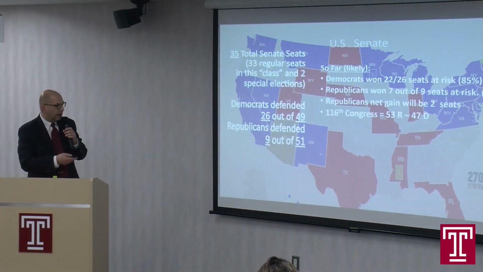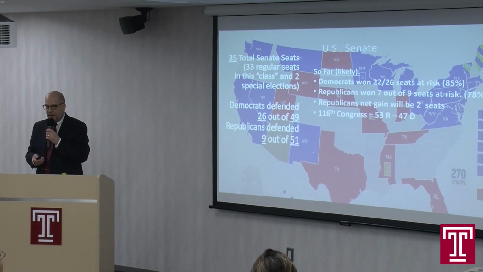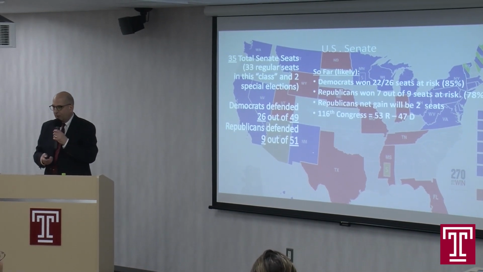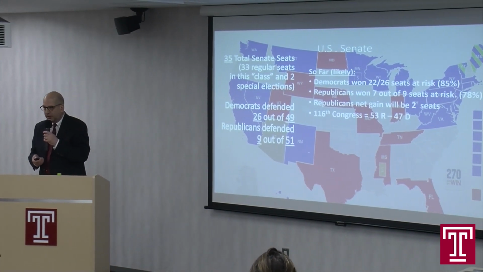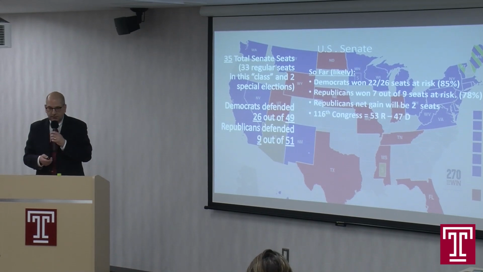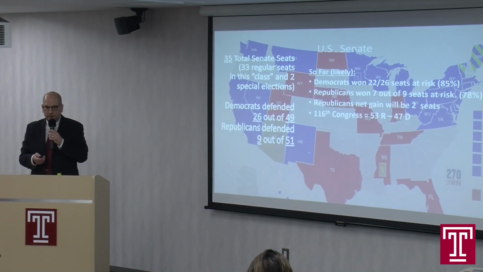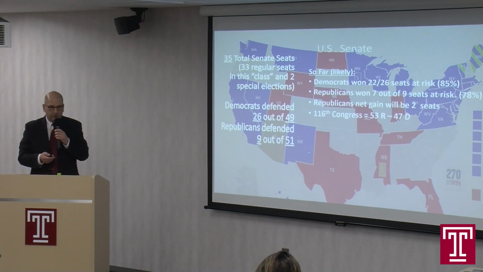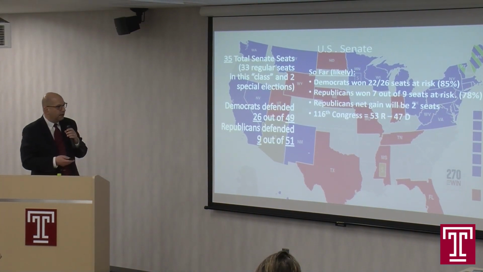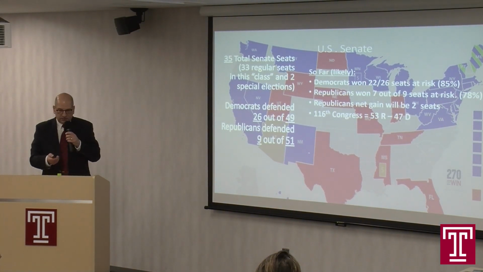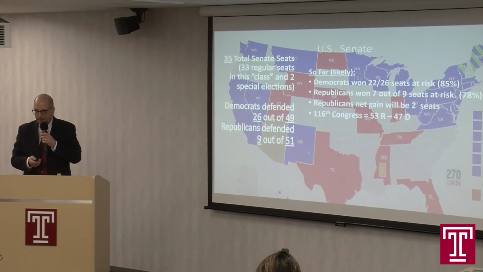Whereas Republicans, out of their 51, only had to defend 9 of them. So it was much easier for the Republicans than the Democrats to not only hold the Senate, but gain seats, as they did. The numbers that are here, we're still counting some votes in Florida, for example.